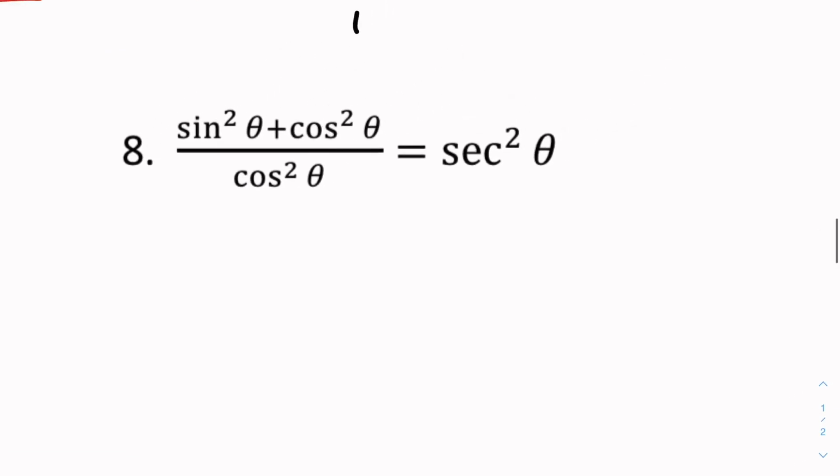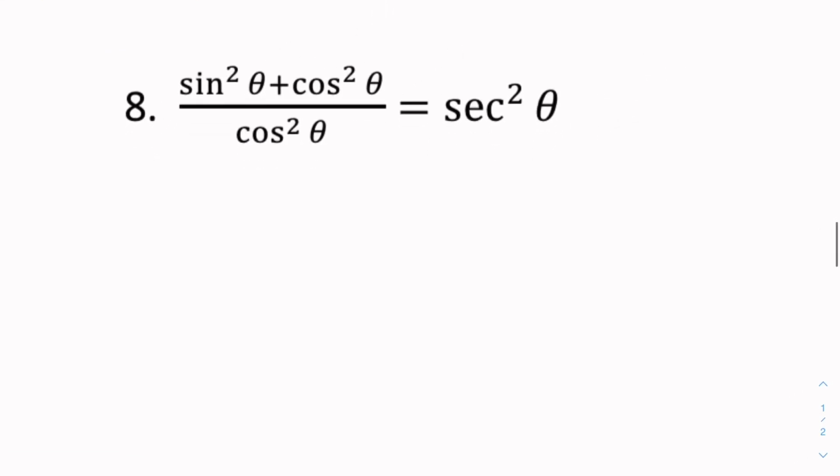Okay, you try 8 yourself. So hopefully you gave it an honest shot. Let's see what happens if we try to work on the left side, which is definitely the more complicated side. Okay, so that dotted line.